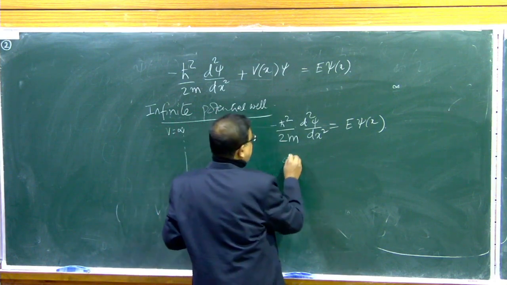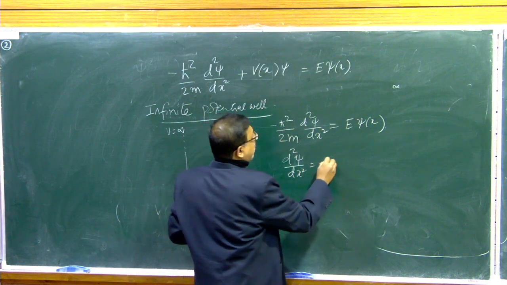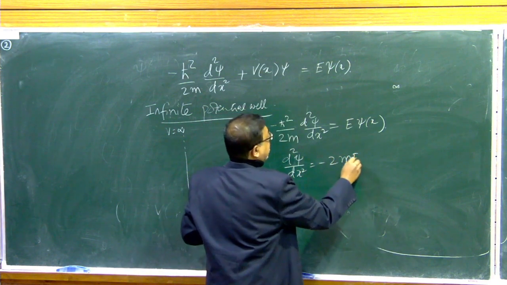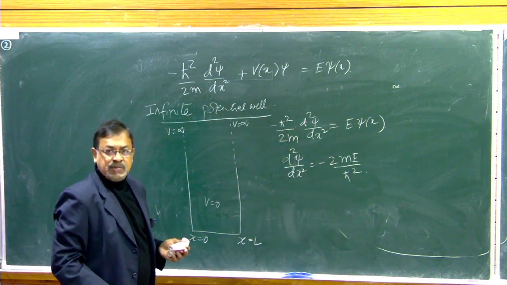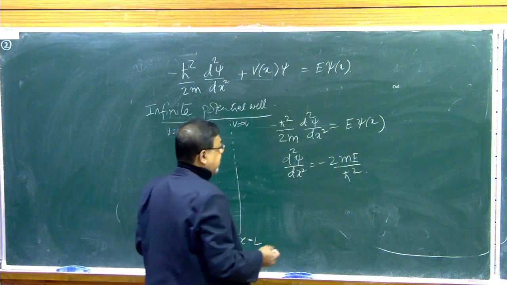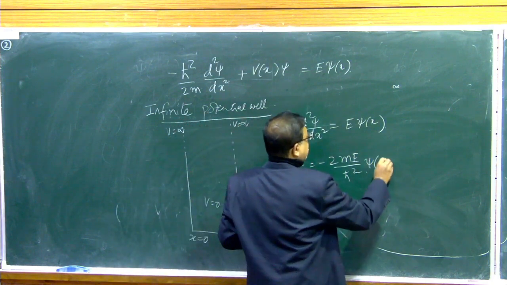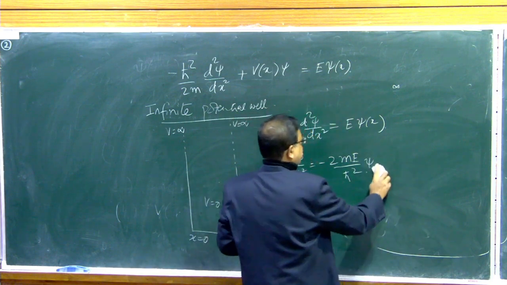So this will be d2 psi dx2 is equal to minus 2mE by h cross square psi. Just to remind you, m is the mass of the particle, E is the total energy of the particle. Here the total energy means the kinetic energy only, and this is the equation that you need to solve. Psi is a function of x, that is known, okay.